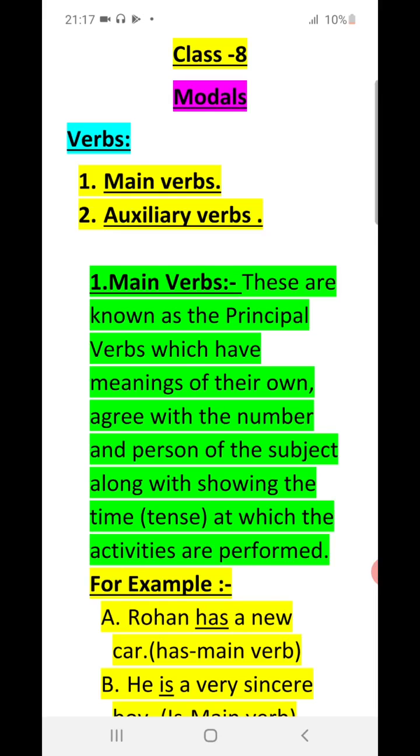So, past, present, or future time at which the activities are performed or they take place.